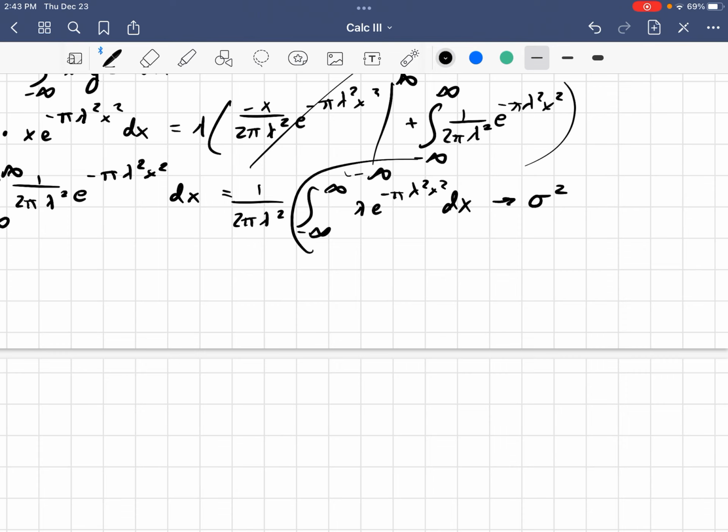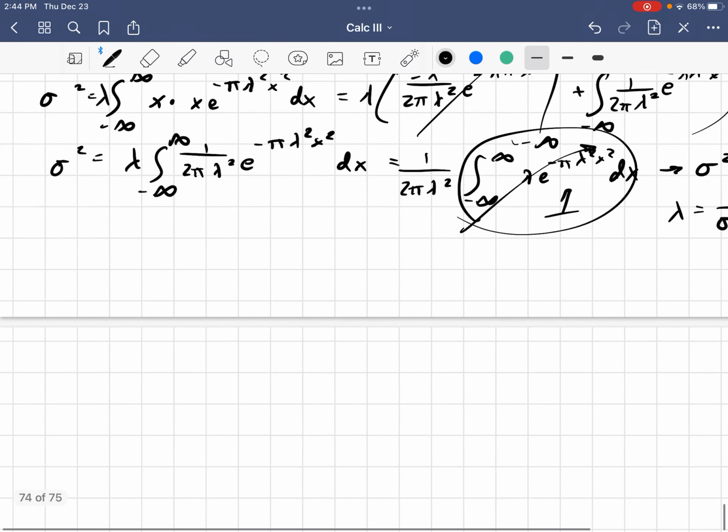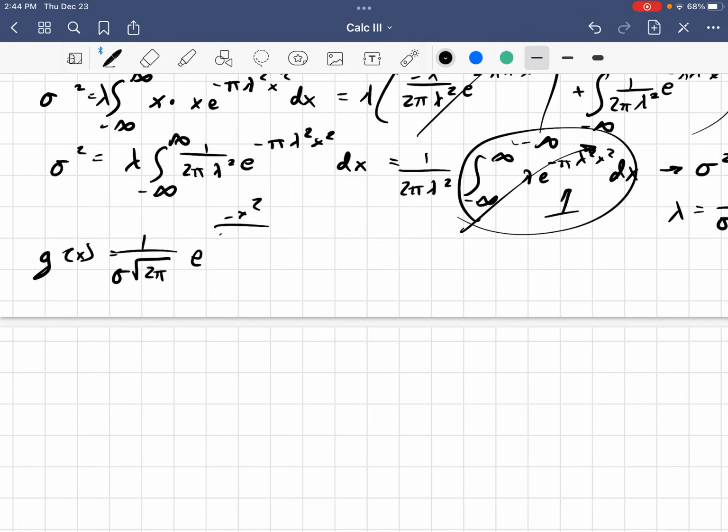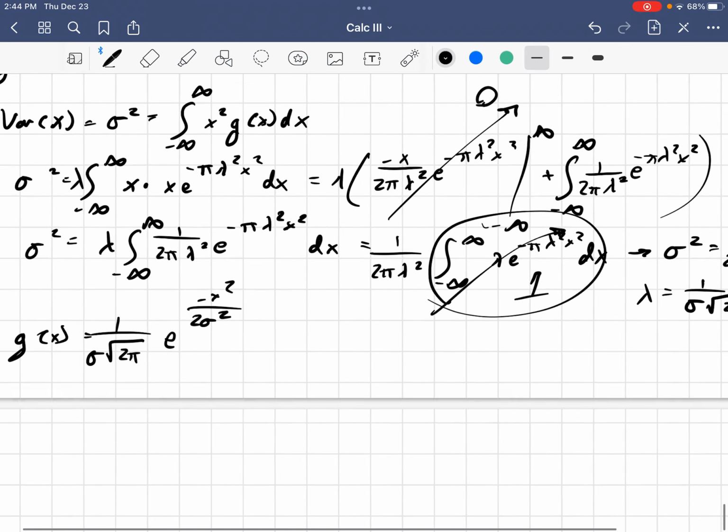So if this whole integral is just 1, we get that sigma squared is 1 over 2 pi lambda squared. That implies that lambda is 1 over sigma square root 2 pi. And so all in all, putting it together, g of x is 1 over sigma square root 2 pi e to the negative x squared over 2 sigma squared.